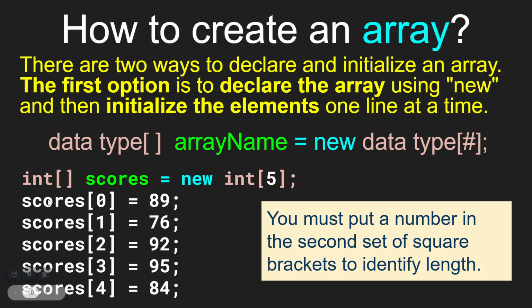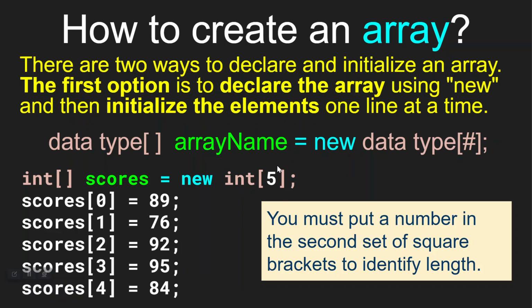This would create an array of all zeros. So if I want to actually assign values to them, I would have to say scores at 0 is equal to 89, and then scores at 1 is equal to 76, and then scores at 2 is equal to 92. So this is basically going through and saying at each one of these index values, let's go ahead and add these values.